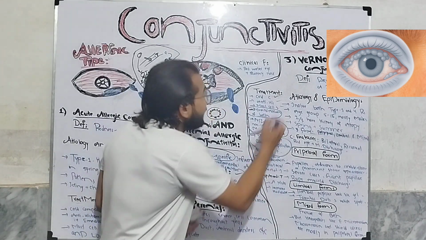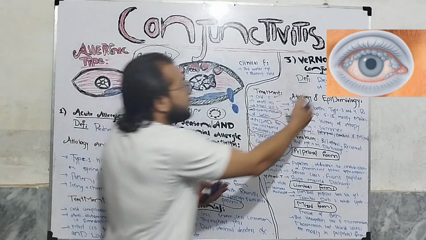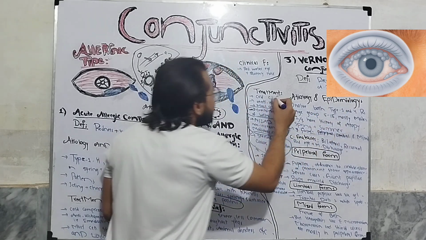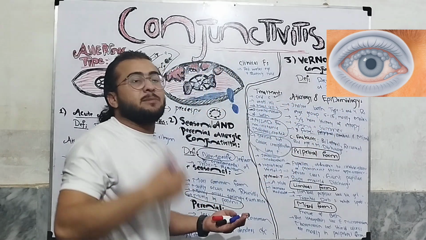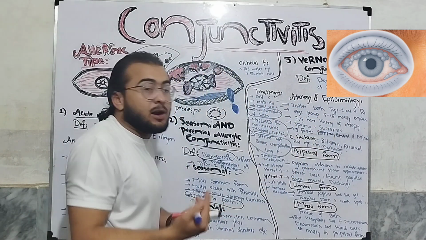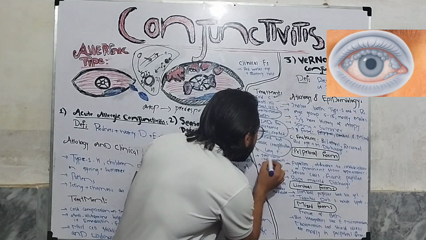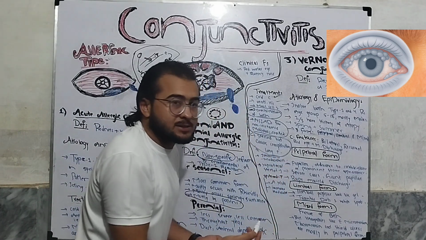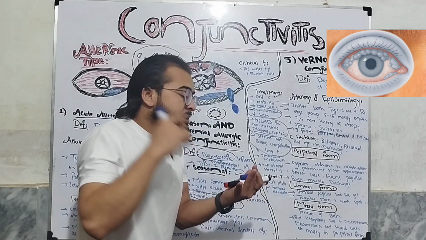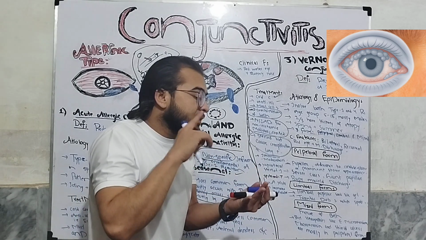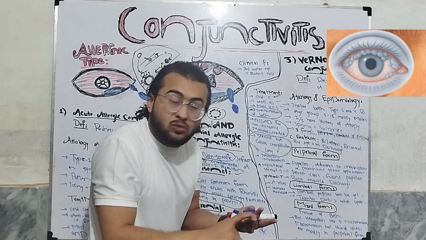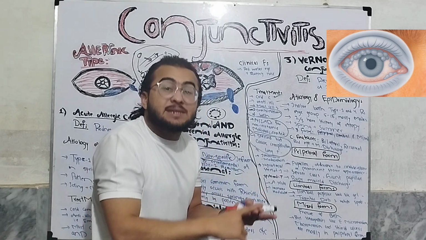Okay? If vernal keratoconjunctivitis is not managed by cool compression, antihistamine, mast cell stabilizer, steroids, and NSAIDs, then we will use immunomodulators. Immunosuppressants such as cyclosporine can be used, calcineurin inhibitors can be used, methotrexate can be used.